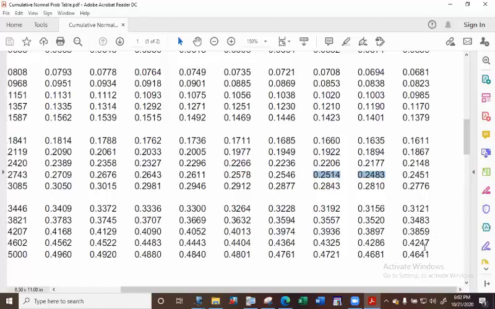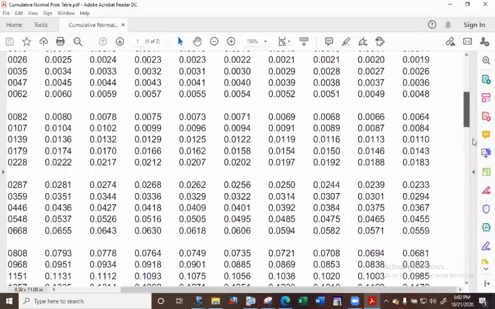Anyway, if you're using the chart, I'm not sure what would happen. But long story short, 0.25 is closest to that one, a little bit closer than 0.2483. So that's the negative 0.6 row, 0.07 column.